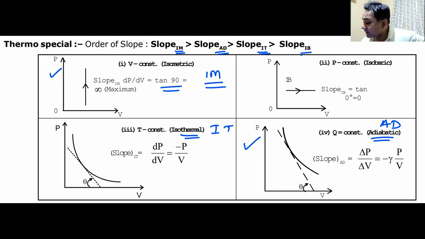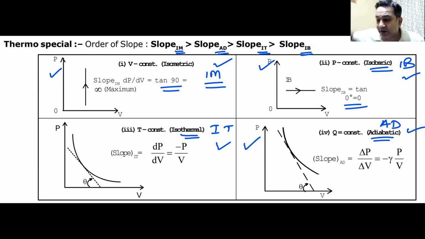And the last one is IB, means isobaric process. This is IB, IM, AD, IT, IB. The slope is 0. I hope you have drawn this and remember the sequence of slopes. Please write it. Draw the graphs.